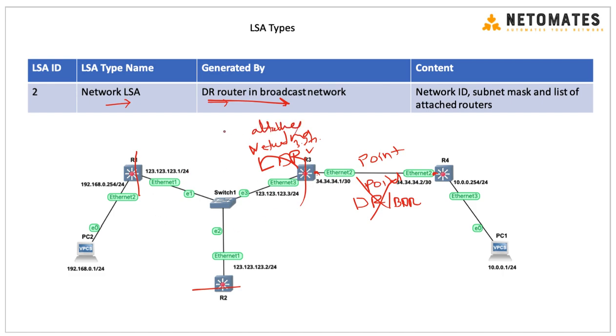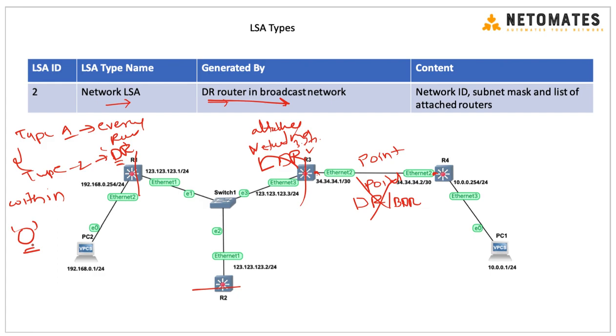Basically, the type 1 LSA is advertised by every router in the network. Type 2 is only applicable to a broadcast network, and the DR generates those packets. These two stay within the same area, and when you check the routing table they will be flagged as just OSPF routes.